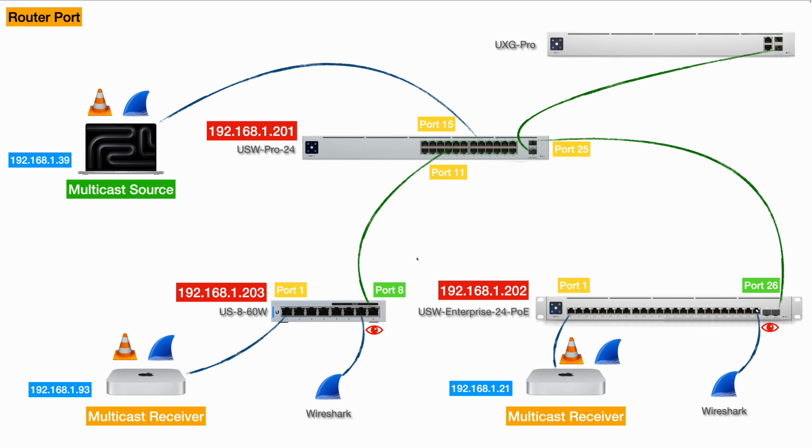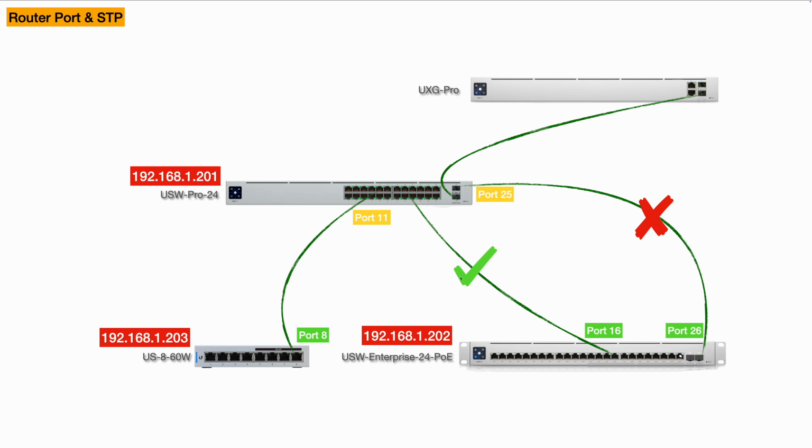In fact, IGMP's implementation needs to consider STP. In this lab environment, I just connected another cable. From port 13 of this first switch, I connected a second cable to port 16 of the enterprise switch. So now there are two links between these two switches, right?